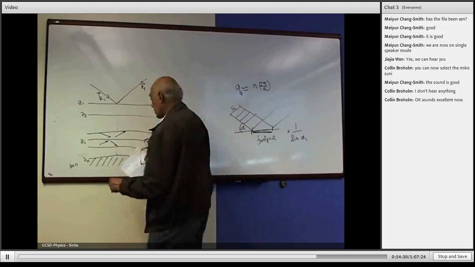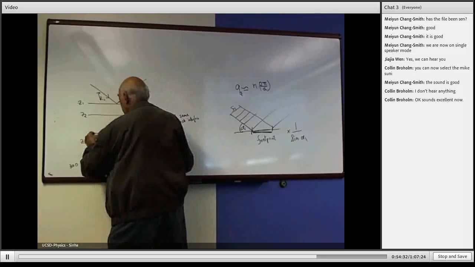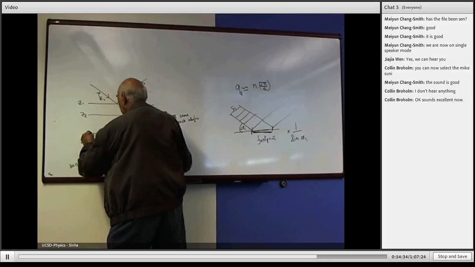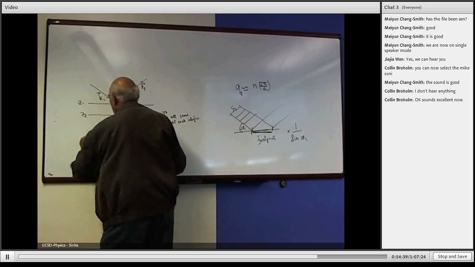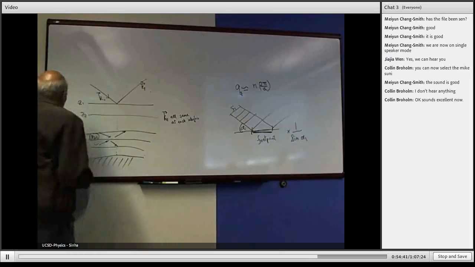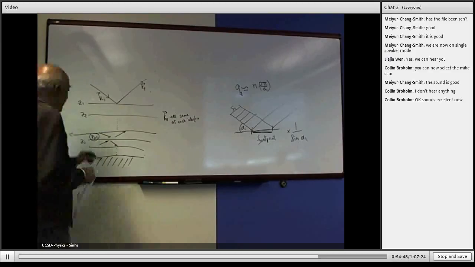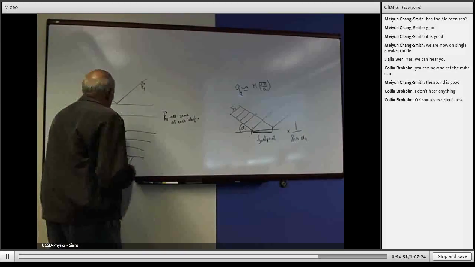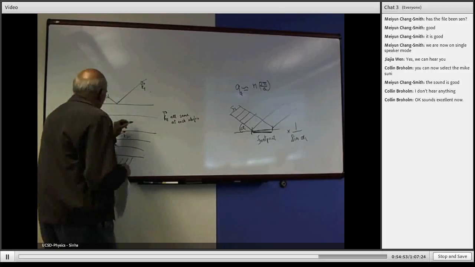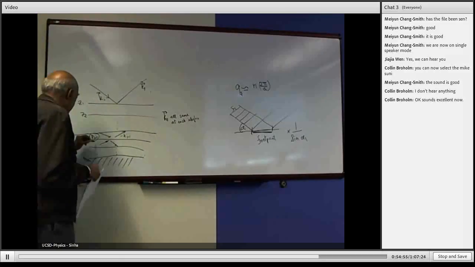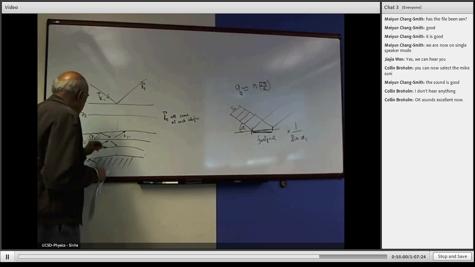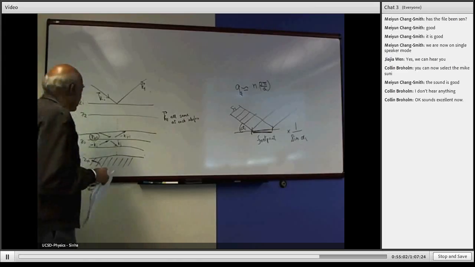So let's call this component above the interface zj, k j minus 1. This stands for k in the j minus 1th layer, the z component of its wave vector. And then this would be minus k j minus 1, since its z component is reversed, and this will be kj, and this will be minus kj, and this will be kj, going this way.